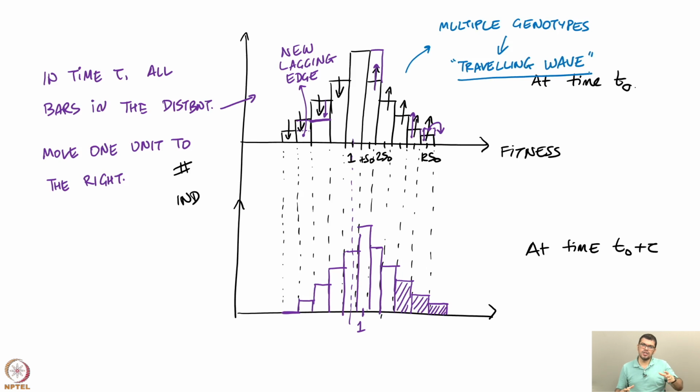There is no change in the shape of the wave taking place. It is almost like this is just a wave of constant shape which is moving 1 unit to the right every tau time. So, this just continuously moves to the right. And the question that we want to ask is, how fast is this wave moving?